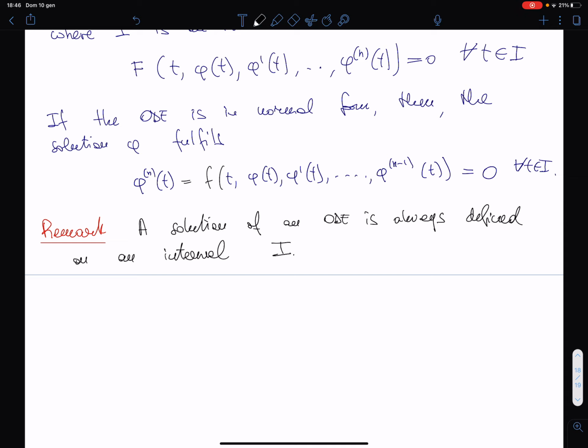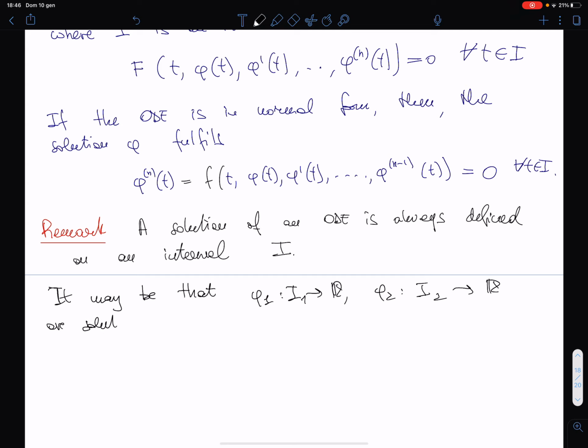So it gives rise to this definition. But there is a thing to pay attention to: it may be that phi1 from I1 to R, where I1 is an interval, and phi2 from I2 to R, are solutions to the same ordinary differential equation, and I2 is strictly larger than I1.